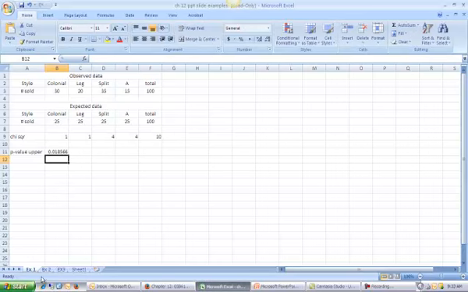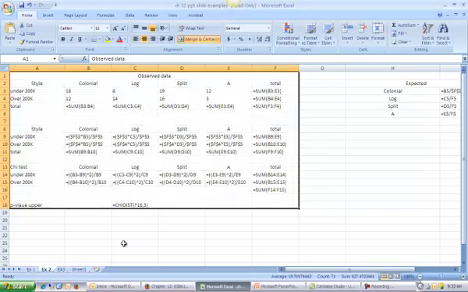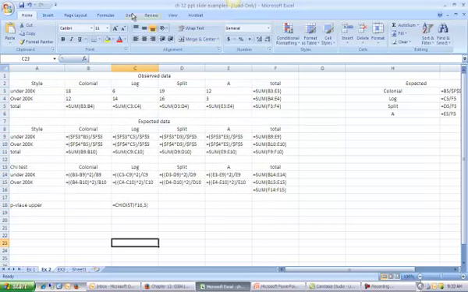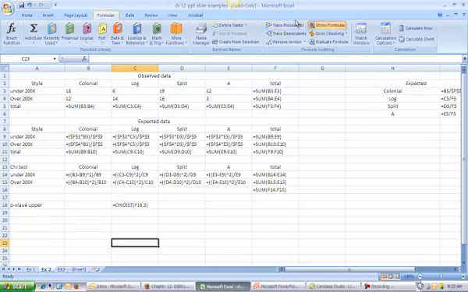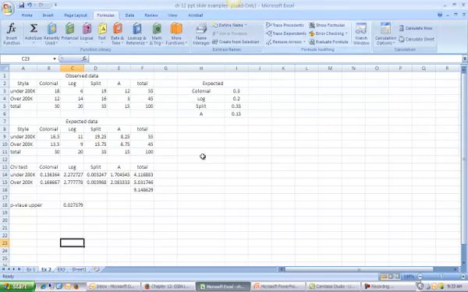Example 2. We have from our observed data, and let me take out the formula view, sorry. From our observed data, we know that 55 homes were under 200,000 and 30 homes were colonial.